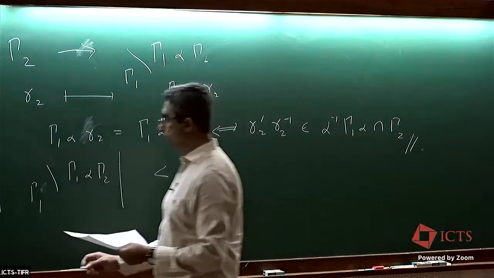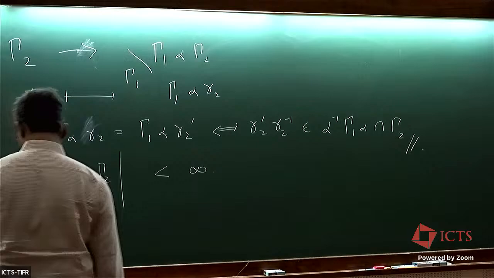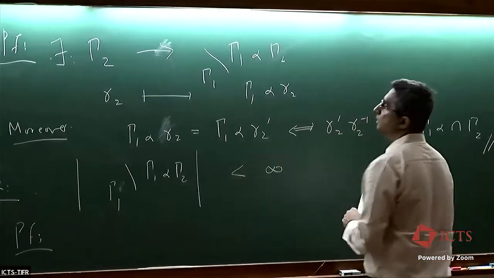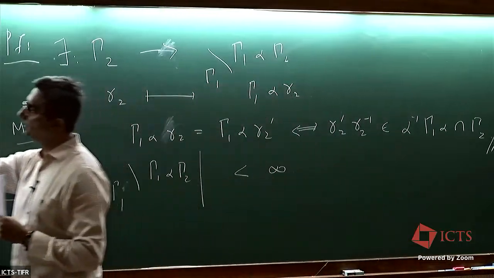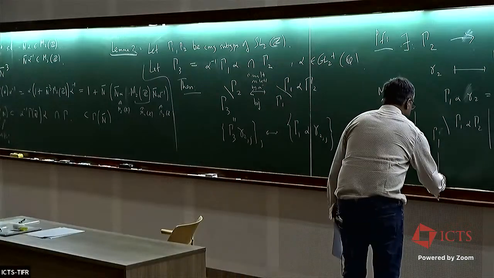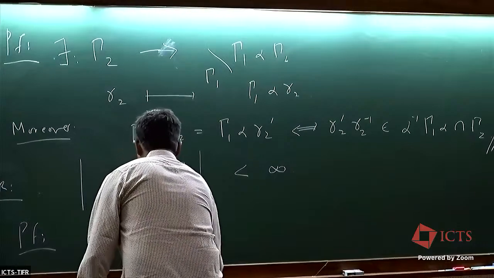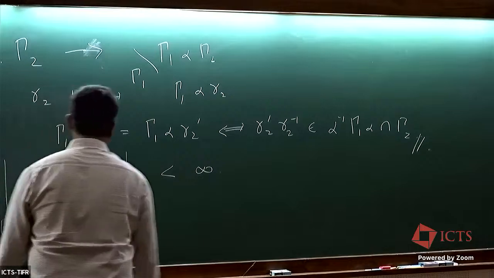Okay, so what's the proof? By lemma 2, we're trying to show this set is finite. It's enough to show that this set is finite. Enough to show that that's finite.